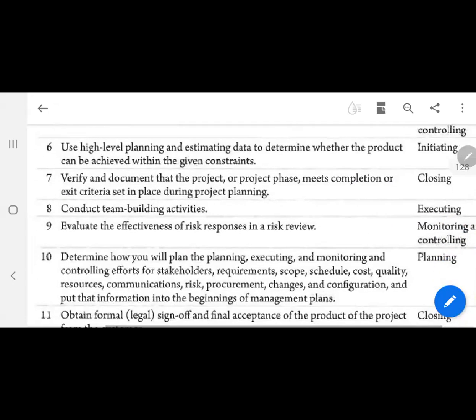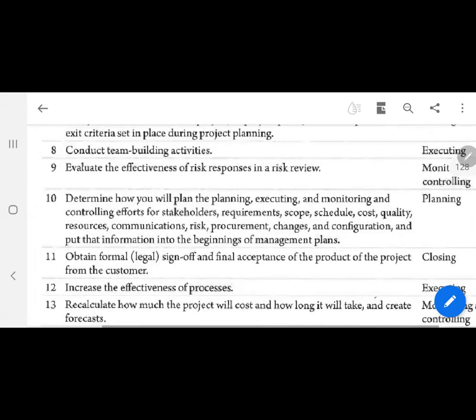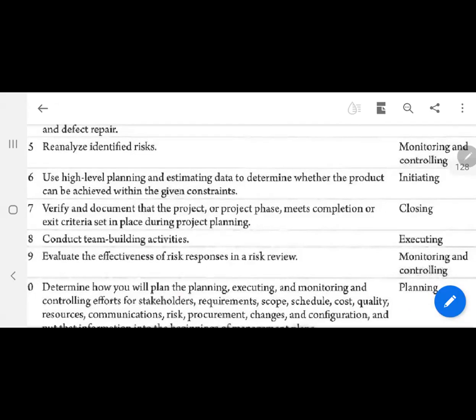Okay. All right. Oh, we are not right in number 6. Look at number 6 there. Use high-level planning and estimating data to determine whether the product can be achieved within the given constraints. So we are at initiating, not planning, sorry. Because there you're using high-level planning and estimating data like a business case.